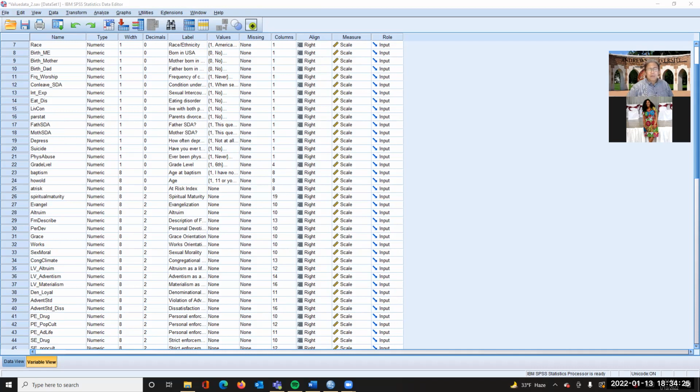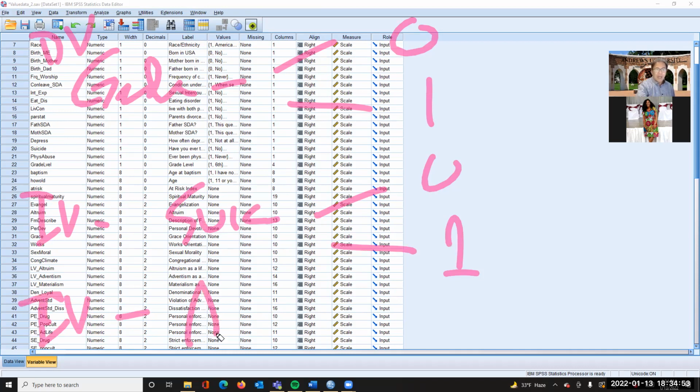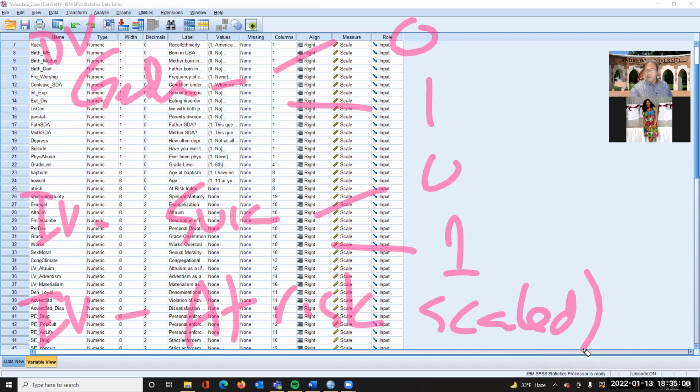Now, let's say you have gender, zeros and one, and this is your dependent variable. And the independent variables are, let's say, suicide, which is zeros and one, and another independent variable, at-risk behavior, which is scaled, continuous.